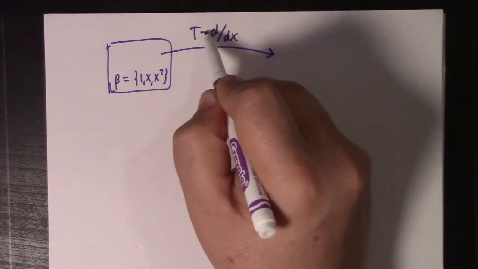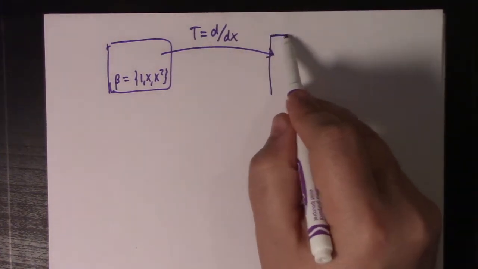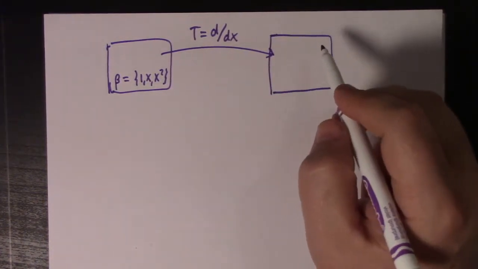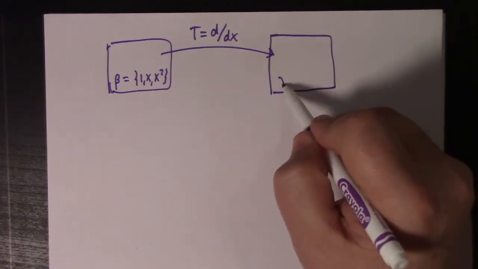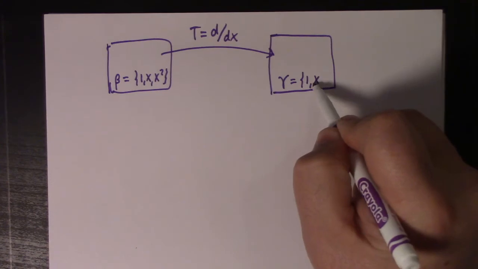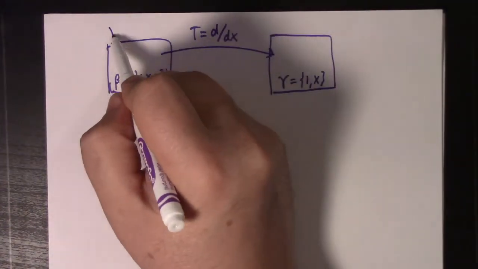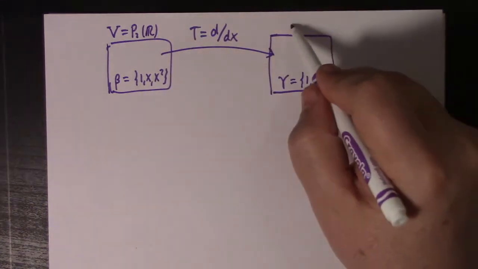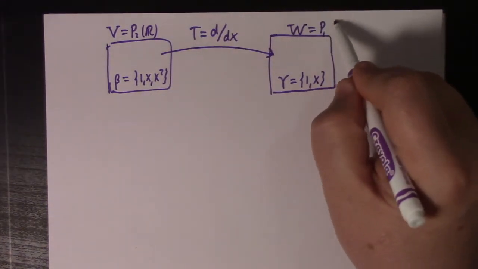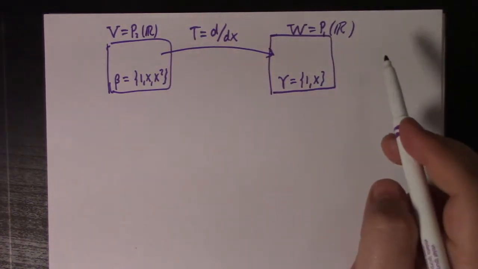That'll be my T. And we'll let the W have basis gamma equal to 1, x. So V is going to basically be P2, and W is going to be P1 over the reals, right?